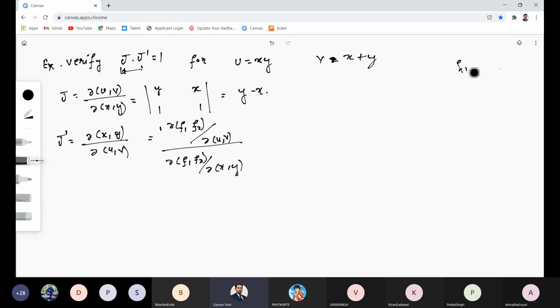What is our f1 in this case? u minus xy equal to 0. f2 is v minus x minus y equal to 0. So this is equal to the determinant: f1 with respect to u, f1 with respect to v, f2 with respect to u, f2 with respect to v.